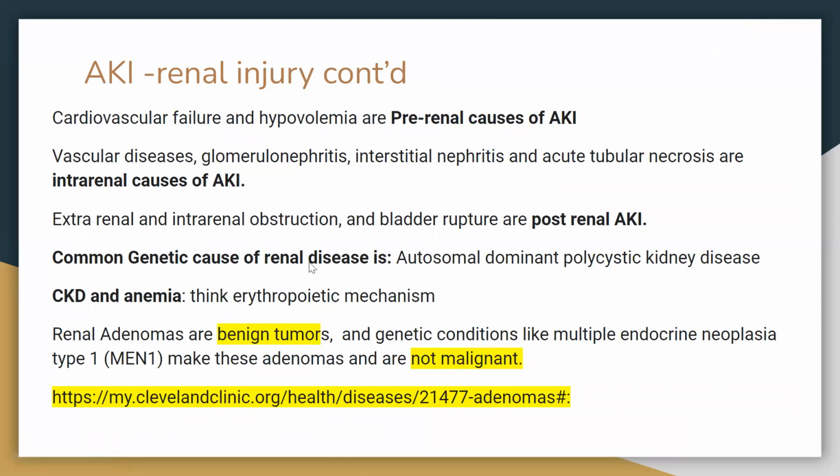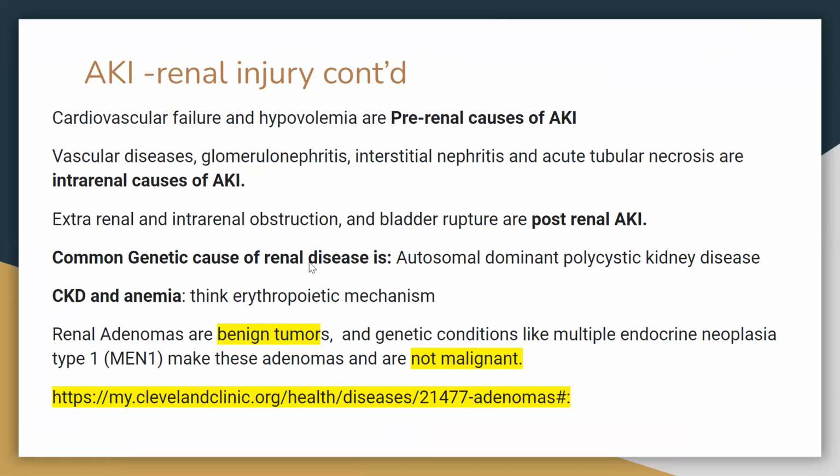Genetic causes include autosomal dominant polycystic kidney disease. Sometimes an erythropoietic mechanism can cause CKD and anemia. Benign tumors like MEN type 1, multiple endocrine neoplasia, can also affect. So keep in mind, renal tumors are usually benign and not malignant. An example is MEN1.